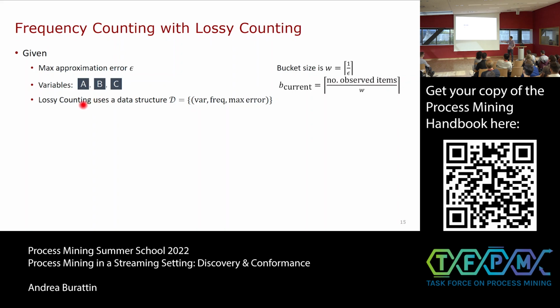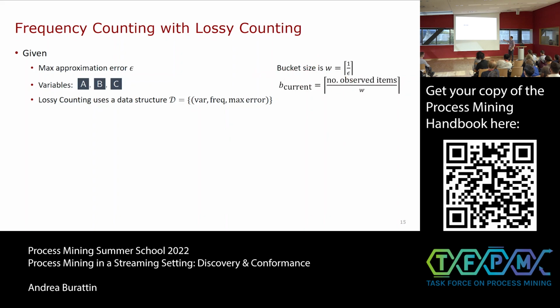The main data structure that lossy counting uses we call D, and it's basically a set where each element has three components: the variable that we are actually counting, the frequency for the given variable, and the maximum error in the frequency that we're making. And then there is some other information derived from that, meaning the bucket size.